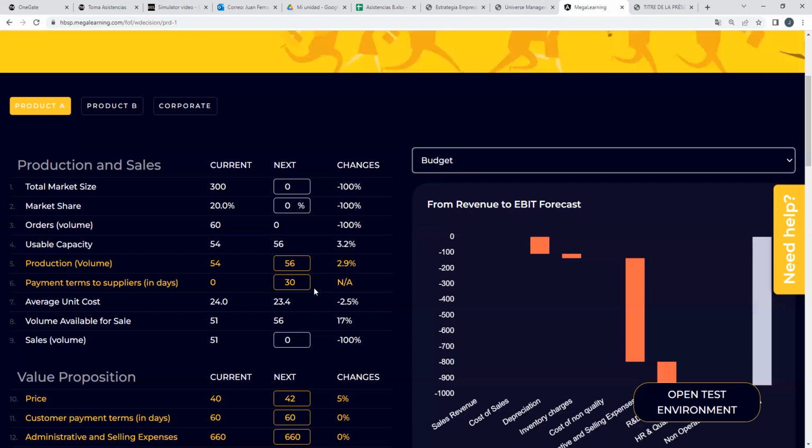This 600 is a constant number. So this is 5%. If you divide 30 days by 600, you improve the cash flow when you pay 30 days later to the supplier, but the trade-off is that the supplier is going to charge the price of the raw material with an extra cost of 5%.